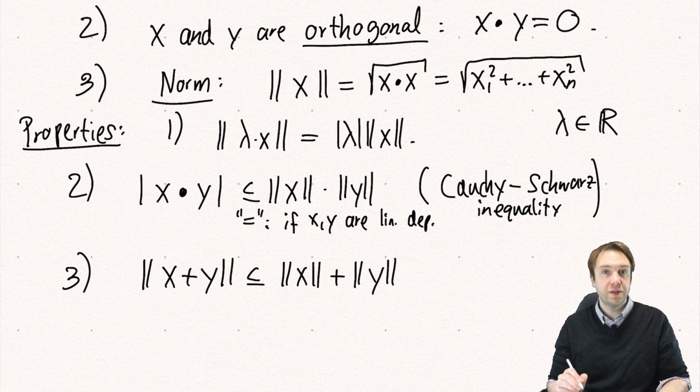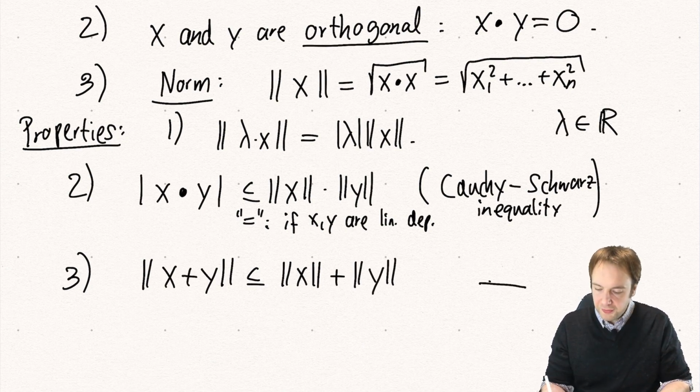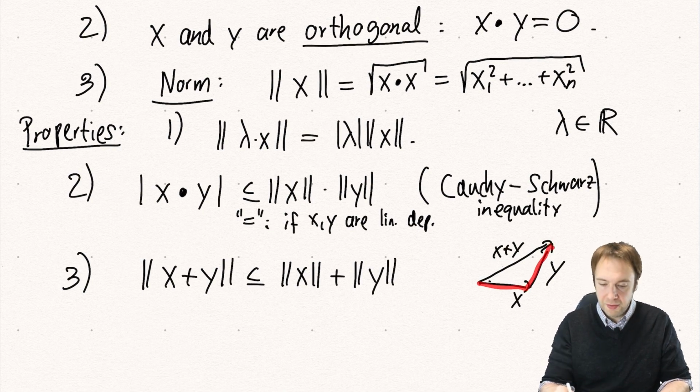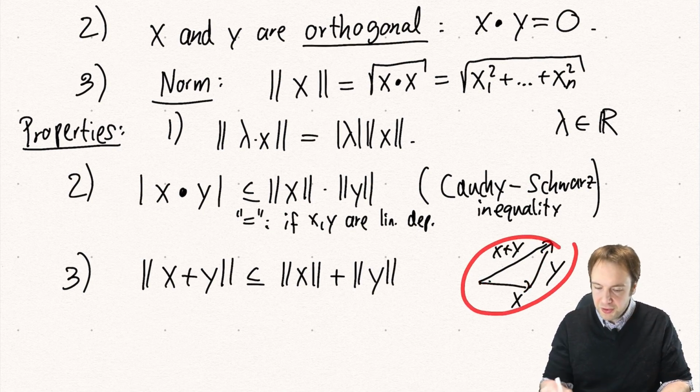So in R2 and R3 this should be clear, because if I have a vector x and I add a vector y, then this vector here would be x plus y. And of course the length of this vector here is smaller than the length of this plus the length of this one here. And because of this picture, this is also called the triangle inequality.